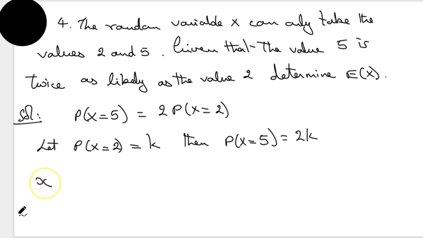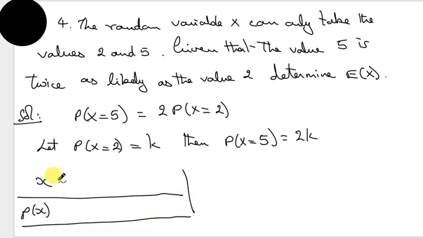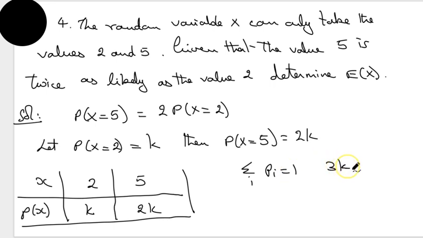Your table will be x and p of x. So x equal to 2 is k, x equal to 5 is 2k. What do I know? Summation over i, p i equal to 1, or 3k equal to 1, or k equal to 1 by 3. This is our result.